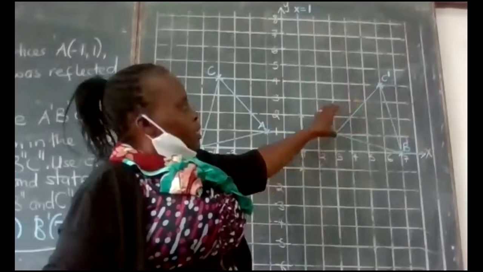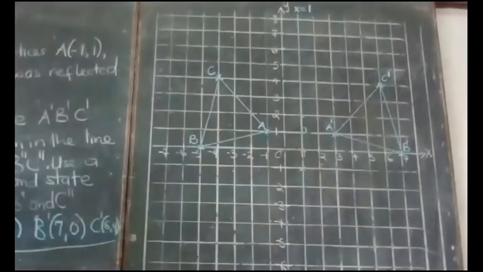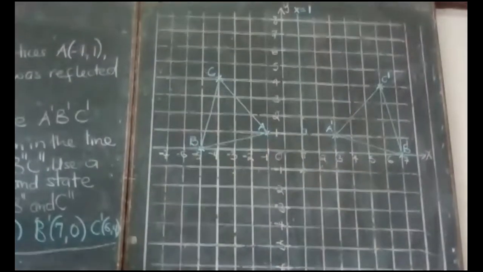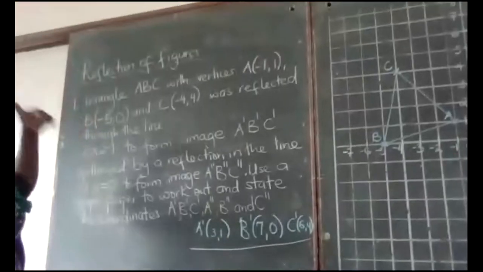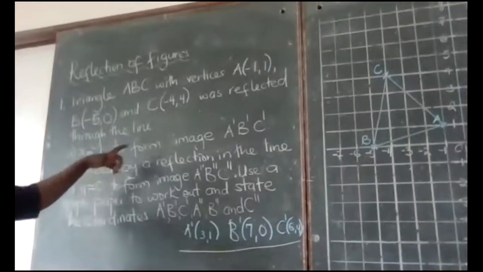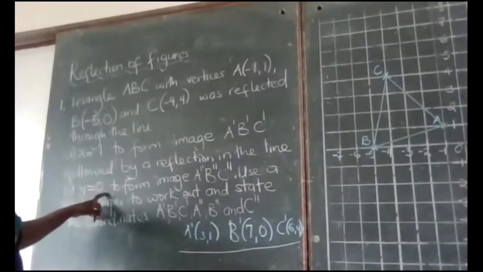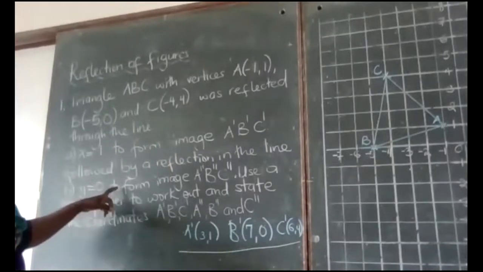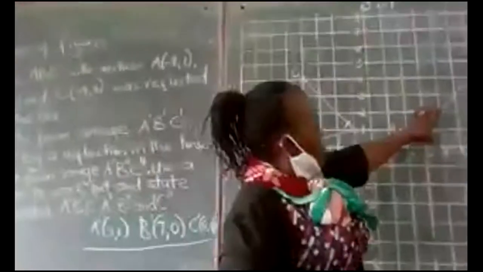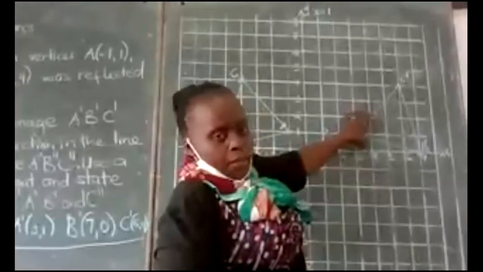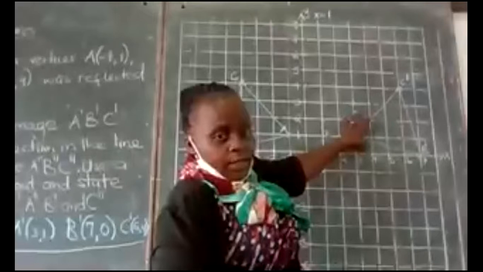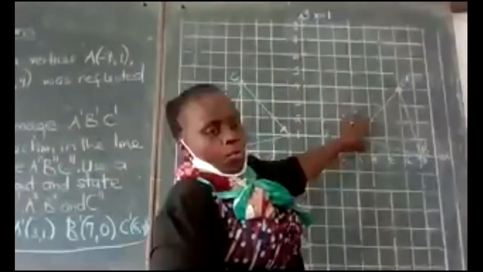So for part B, they are saying that followed by a reflection in the line y equals to 0, which means that our image here is going to be reflected in the line y is equal to 0.